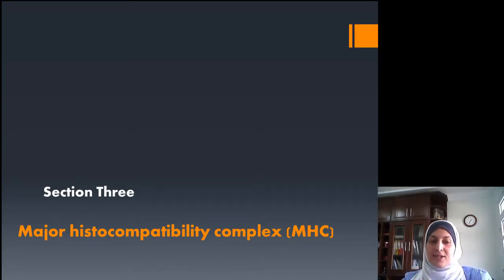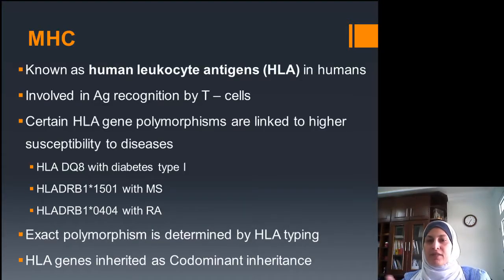The last section, and the shortest, is the major histocompatibility complex. We've mentioned so many of these facts that I'm going to present to you, but just to reinforce the information.